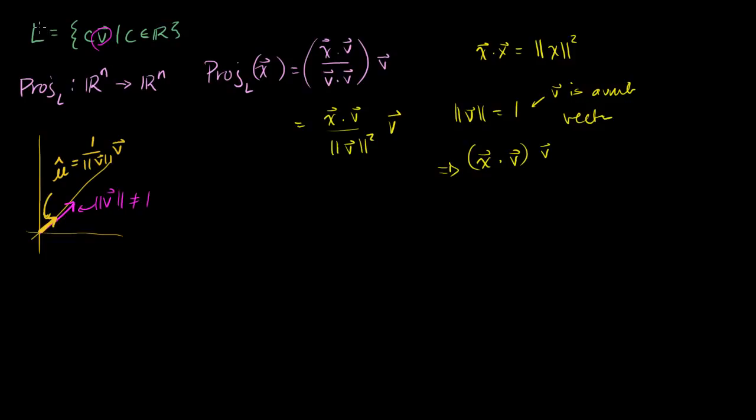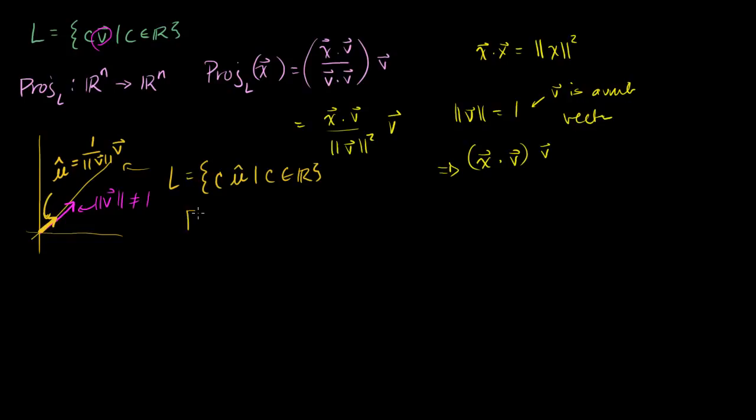So in general, we can always redefine the line. All of the possible scalar multiples of v are going to be the same thing as all of the scalar multiples of our unit vector u, which is just a scalar multiple of v. So we can redefine our line L as all of the possible scalar multiples of our unit vector, where the scalars are any members of the real numbers.